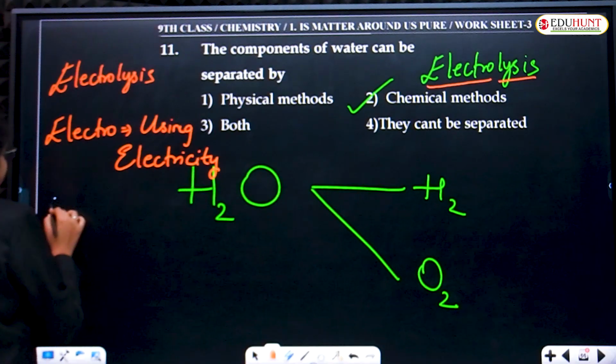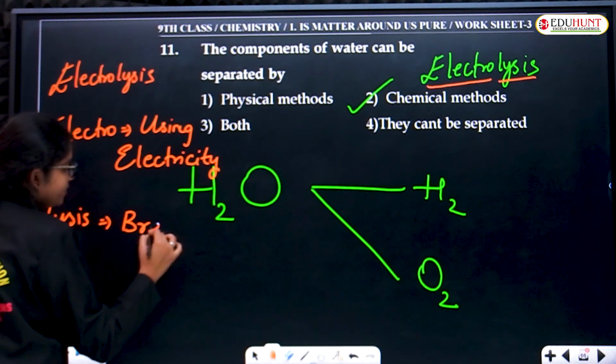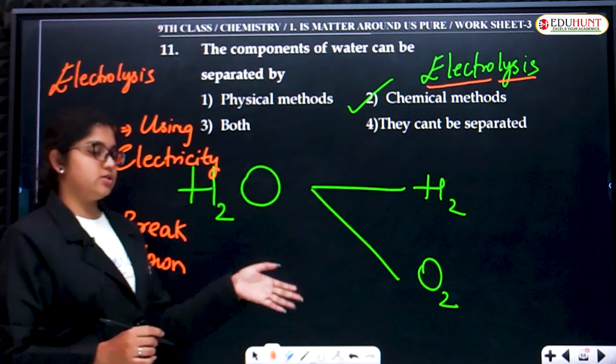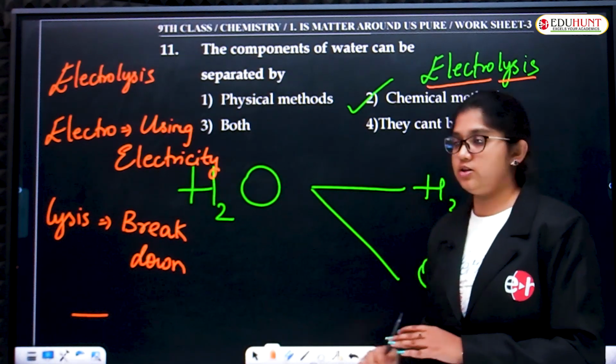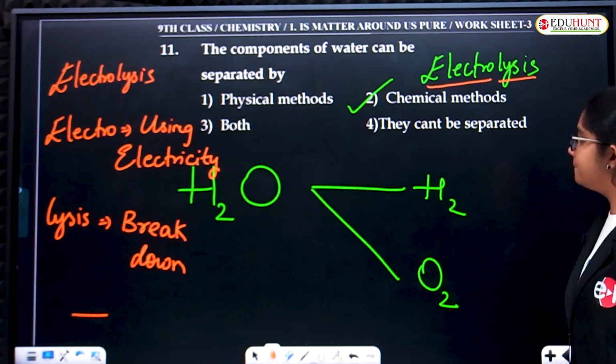And lysis means breakdown. So we are breaking the water molecule into both hydrogen and oxygen individually, no? So that is the meaning of electrolysis. So this is the chemical process, so chemical method. Option 2 is right. Okay, clear? Moving to next question.